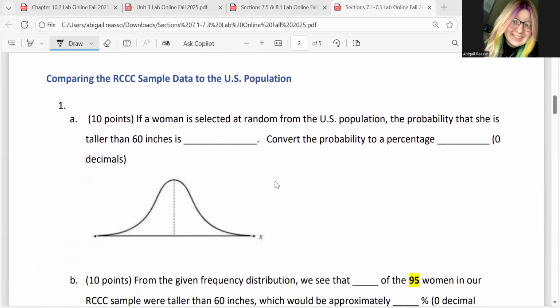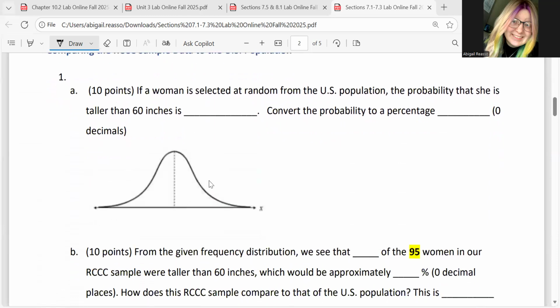Let's look at how some of these problems are set up. On these problems, you'll be given a curve. Remember, your mean will go in the middle, specifically your mu. And then you are trying to find where an x value may or may not fall and which direction you're shading.